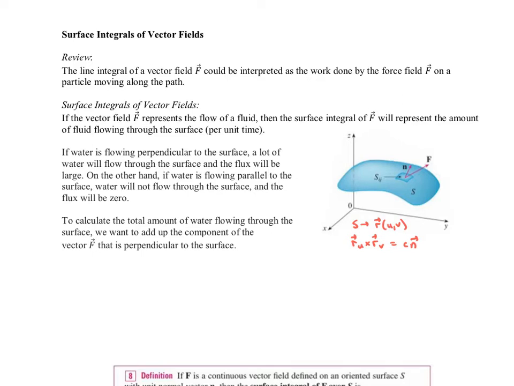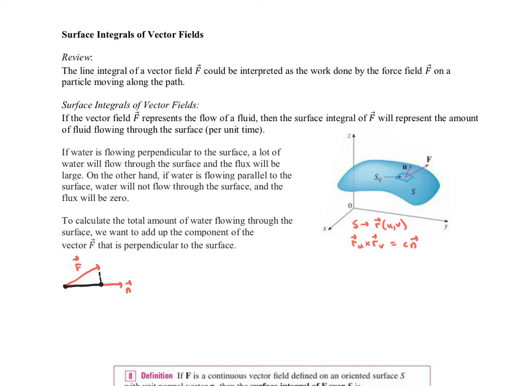If we draw this out as F and n and drop this down, we want to know what this amount right here is, the vector F's impact on vector n.